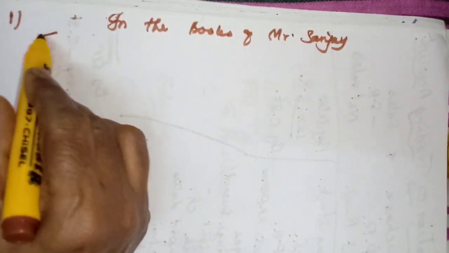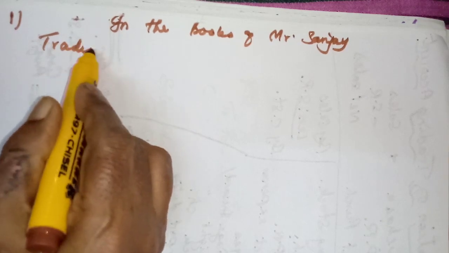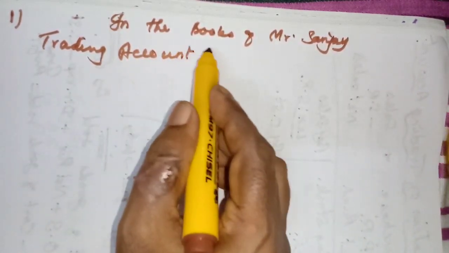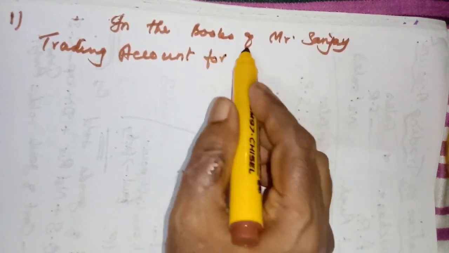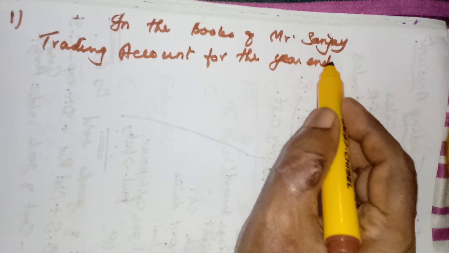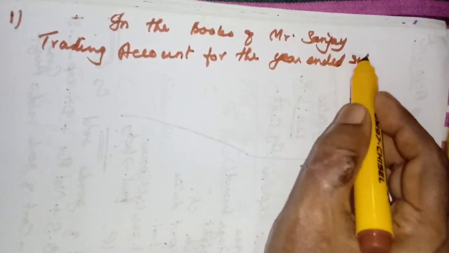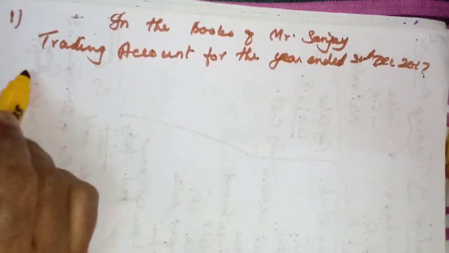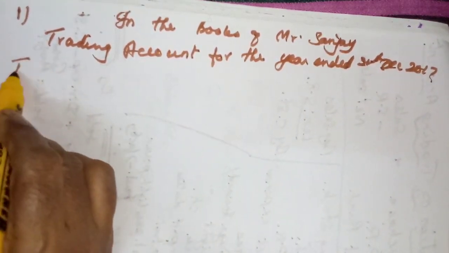Then next one, trading account for the year ended. That is given in the problem. You have to write like this: for the year ended 31st December 2017. What is the first item?